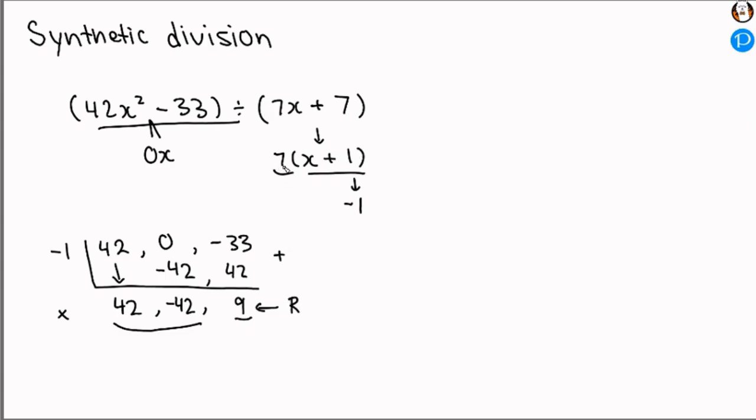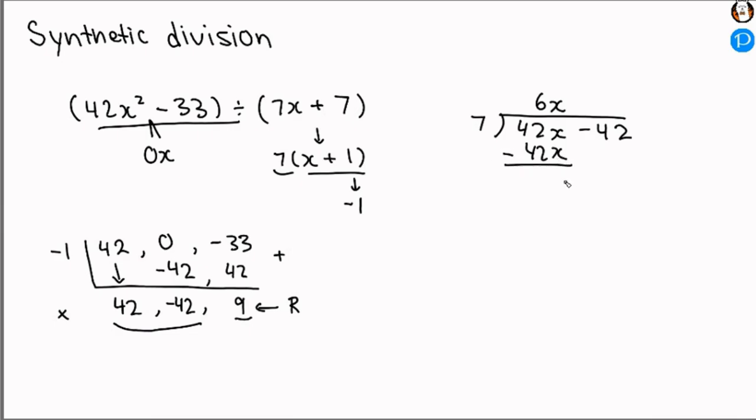We still have to divide the 7, so let's use long division for this. So 42 and -42 are going to be the coefficients of our answer. So we have 42x minus 42. 42x divided by 7 is just going to be 6x, which we're going to get 42x here.